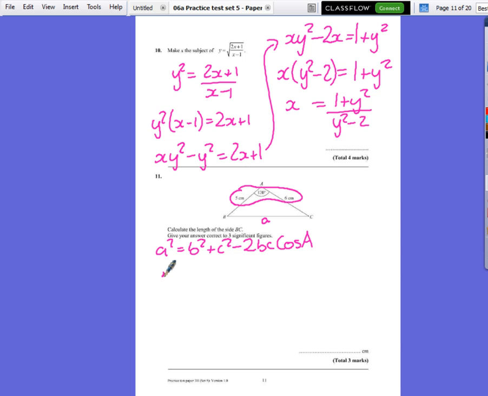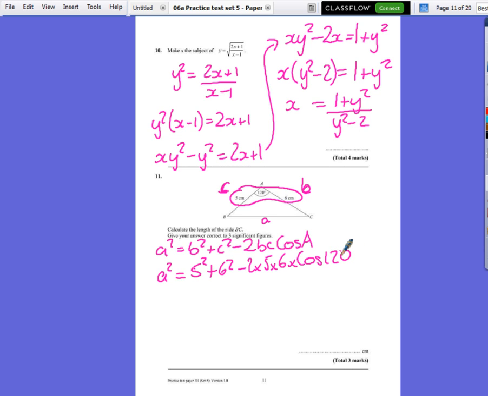So if we put all that information in, always write down what you're putting in. So the two sides, b and c, will be these two. Sorry, they're the opposite way around, because the diagram's always labelled. It actually doesn't matter which way around they are. So 5 squared plus 6 squared minus 2 times 5 times 6 times cos 120.